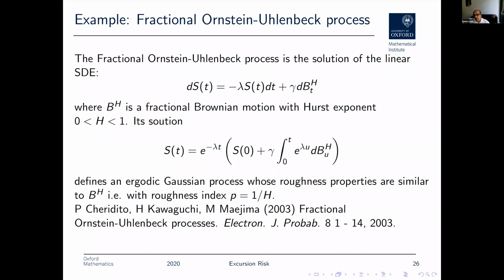What I'm going to show you now is a simulation of sample paths of a fractional Ornstein-Uhlenbeck process with different H. We're going to simulate them over 1 day at a frequency of 1 second. This is a realistic simulation for intraday financial data, because it is realistic for high frequency trading to trade at a frequency of 1 second.